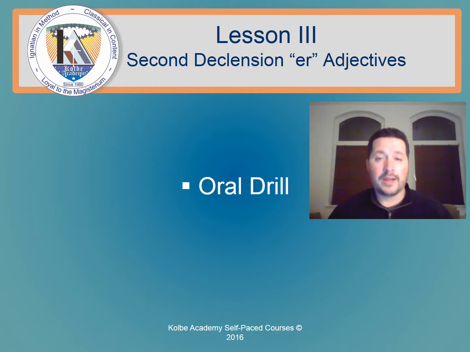Domus pulchre. Remember, domus is fourth declension, but it's feminine. Even though it has the us sound, domus is feminine, so you have to say pulchre, and then you know that it's feminine. Domus pulchre.